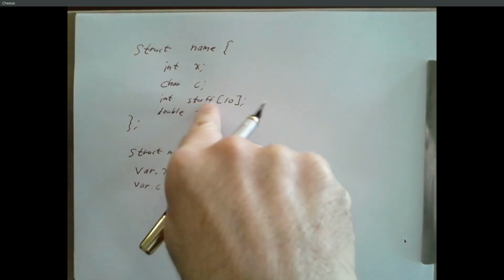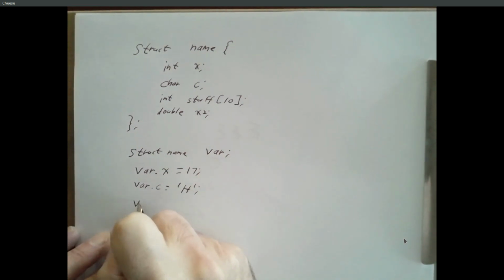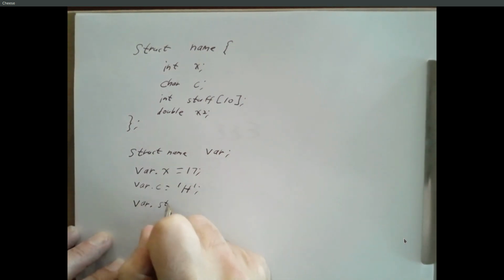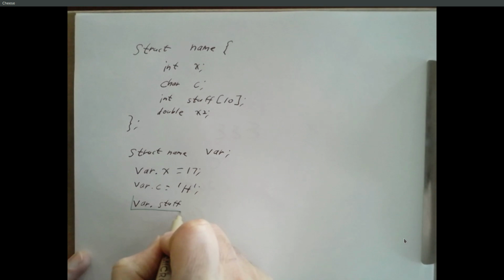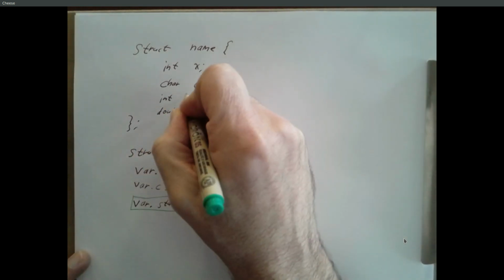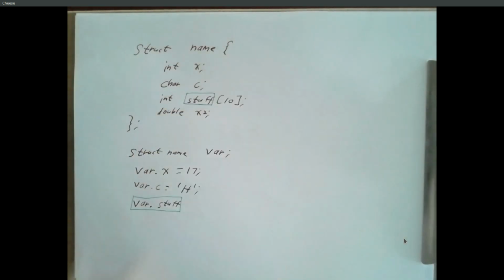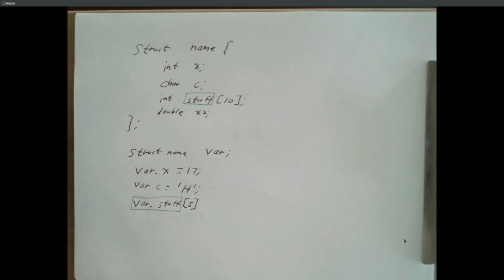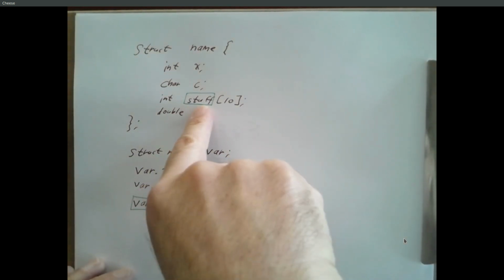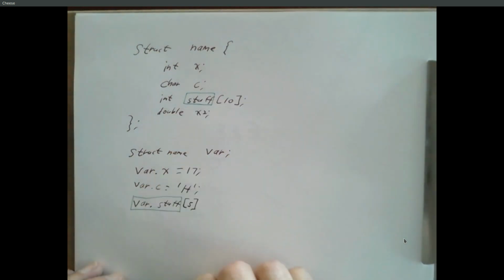If I want to get to this array called stuff, it's just var.stuff. Keep in mind that var.stuff is just that array. So if I want the fifth element, I could say var.stuff[5], and that would be the fifth element of this integer array called stuff.